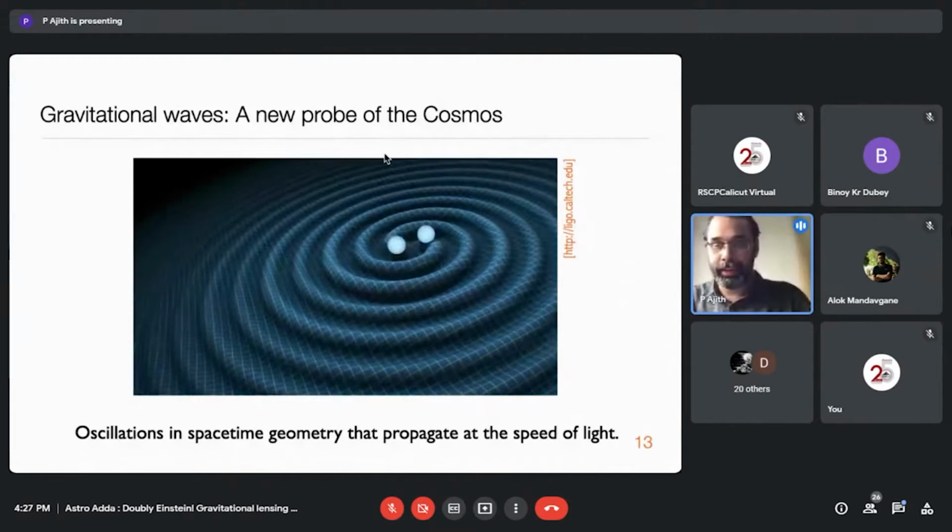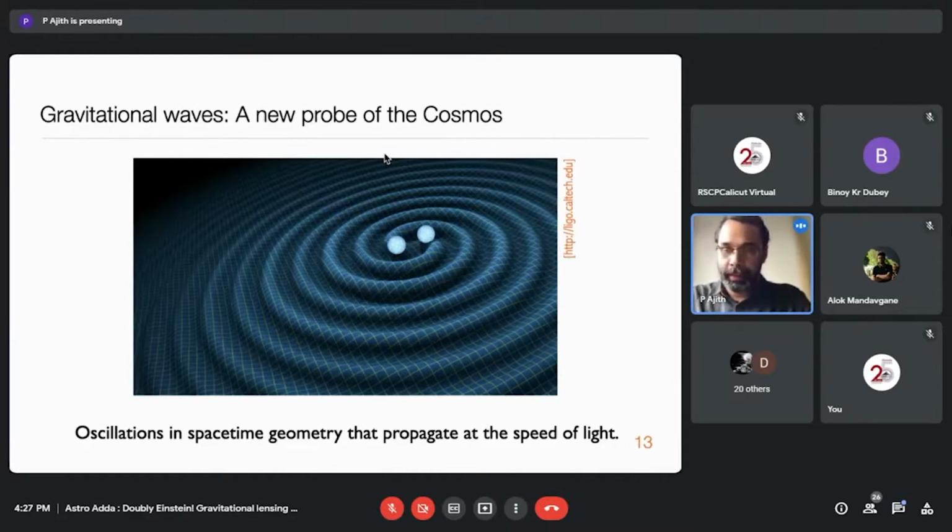When we discuss that a massive object changes the curve of space-time around it, and when they move, the space-time curvature follows them, and this creates disturbances in space-time that propagate at the speed of light. These are called gravitational waves. So gravitational waves are nothing but oscillations in space-time geometry that propagate at the speed of light.